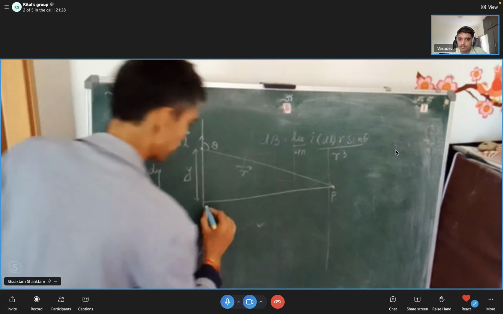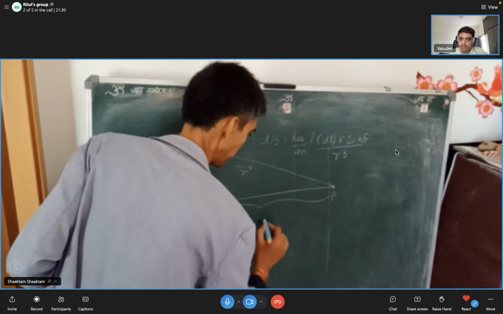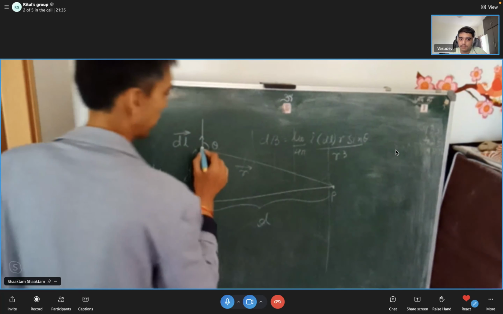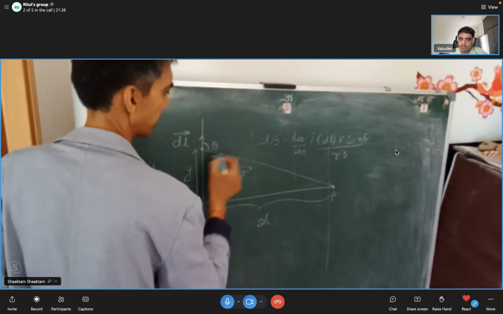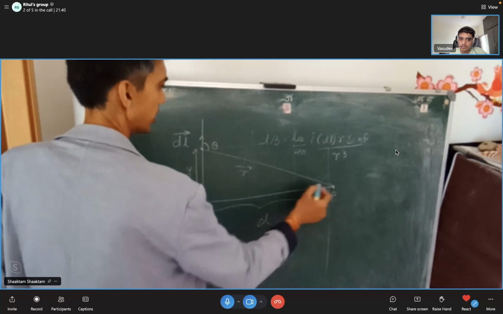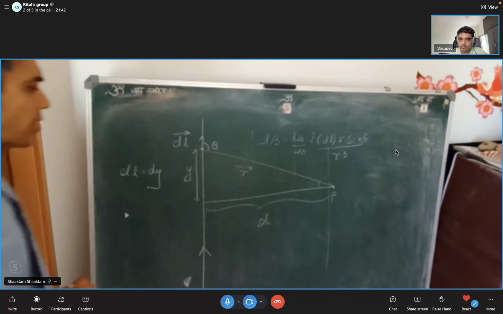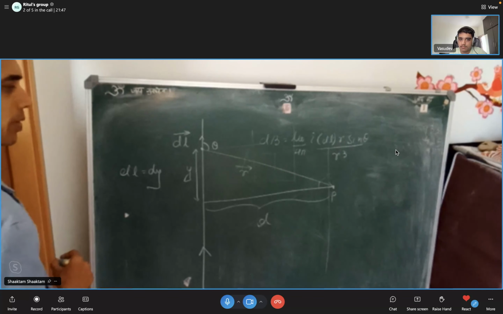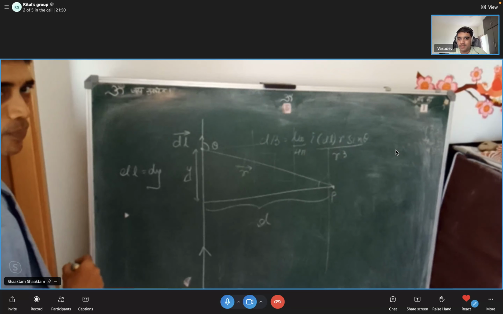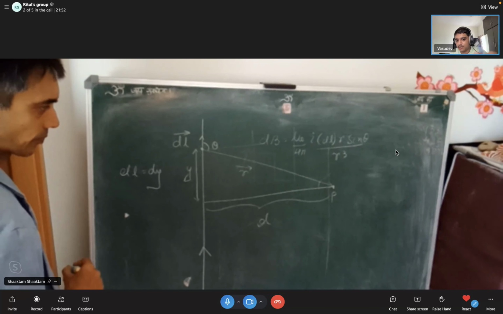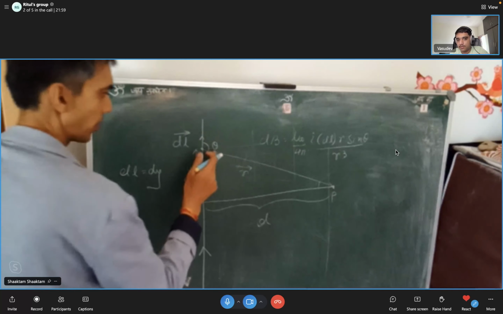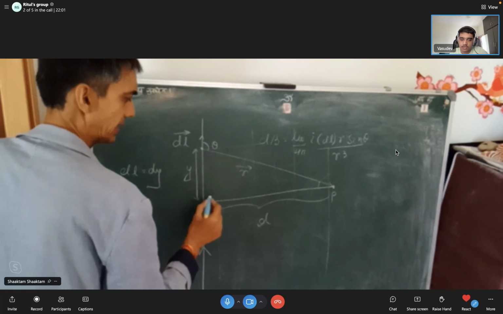So if this is small, this is d. This angle is theta, and this angle is 90 minus theta. Tell me what the y and r relation will be. The other linear angle associated with theta would be 180 minus theta, so y would be r times cos of 180 minus theta.